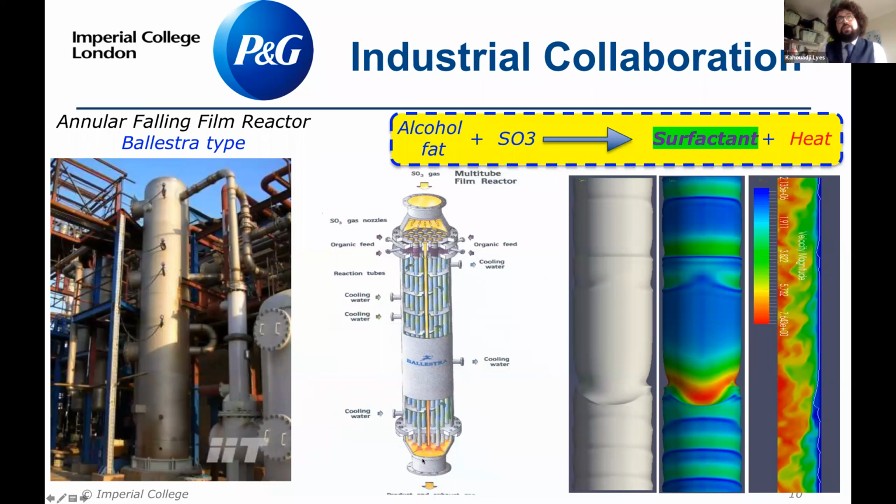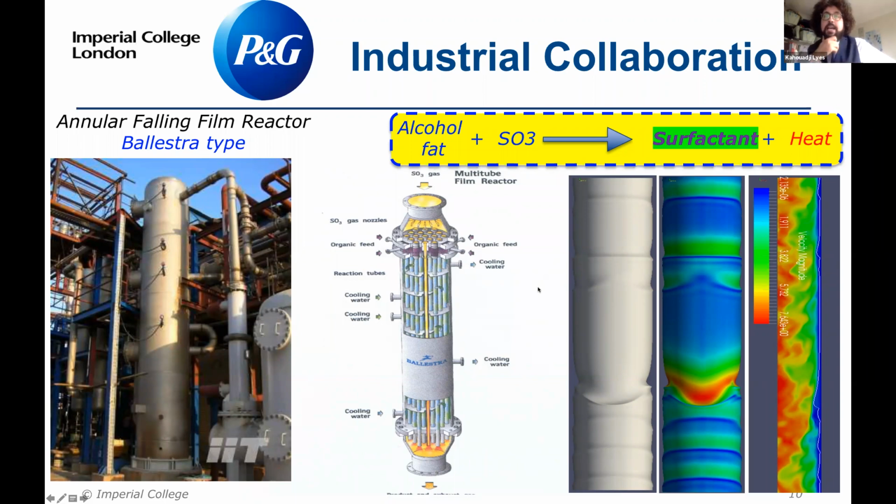You have really long tubes, 8 meters long, and maybe 1 or 2 inches in diameter, and they inject inside this reactor fatty alcohols, and they also inject gas SO3, sulfur trioxide, and it's a chemical reaction. It gives you a surfactant. So in the bottom of this reactor, this is how you get surfactant plus heat, because the chemical reaction occurs on the interface, so it generates heat.